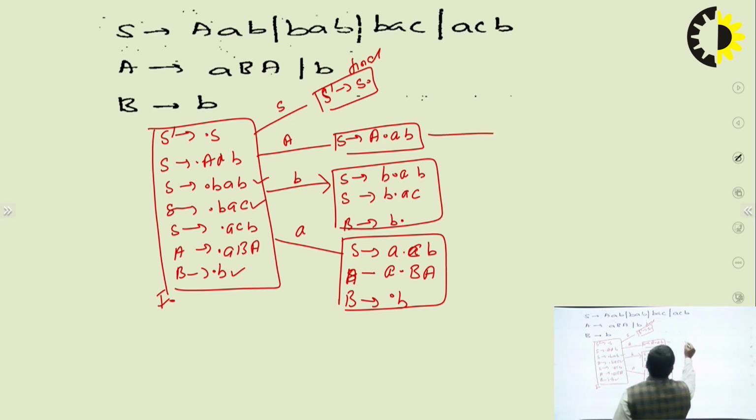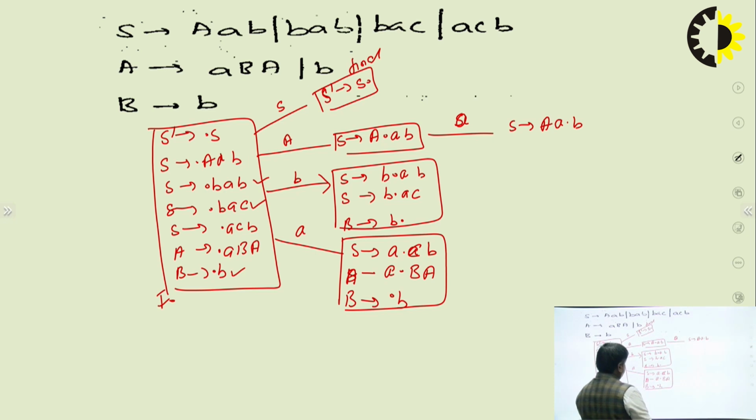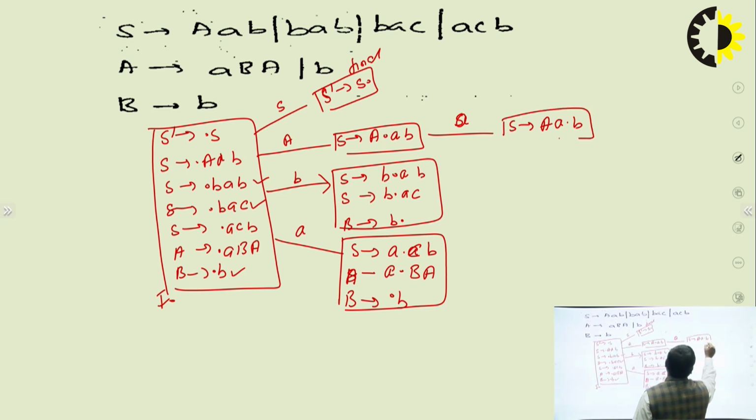Now we explore this one. S tends to A dot B. Further B we do not explore much, and here is A. This one is a leaf, no problem. Here is an A. This was the final state, no further expansion is allowed.